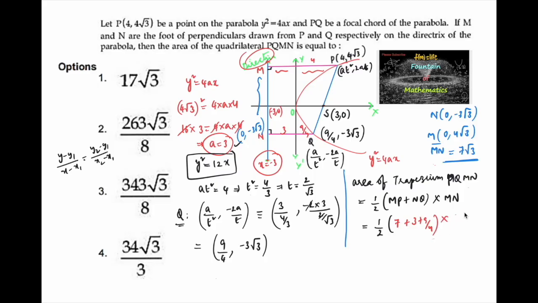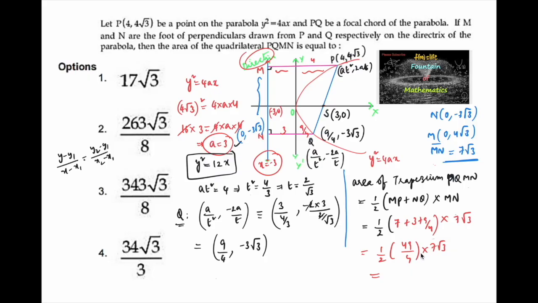Into MN, MN distance is 7 root 3, which is equal to 1 by 2, 7 plus 3, 10, 10 4s are 40 plus 9, 49. 49 by 4 into 7 root 3.